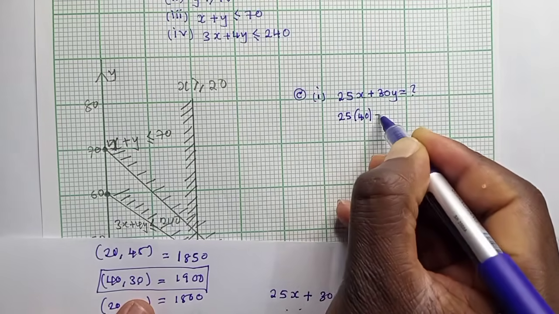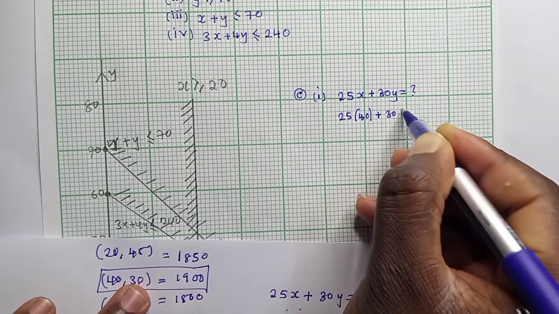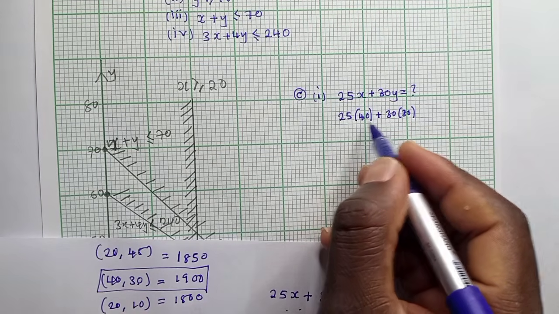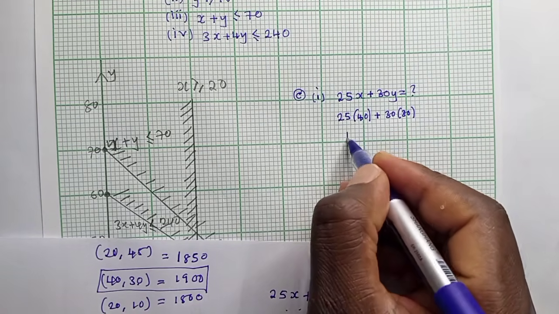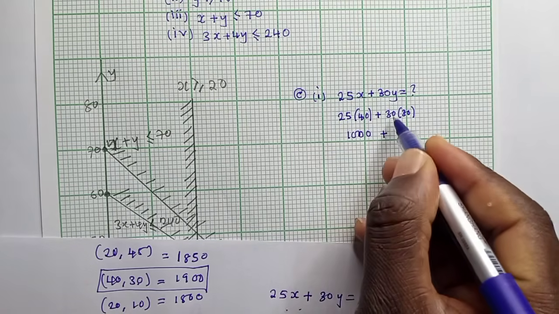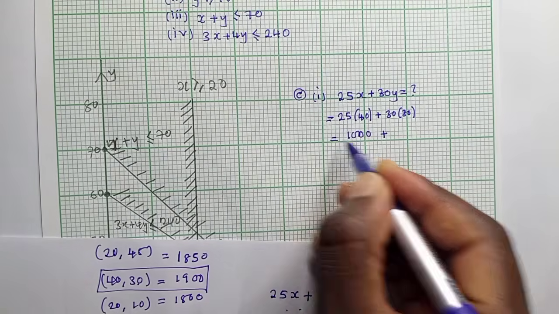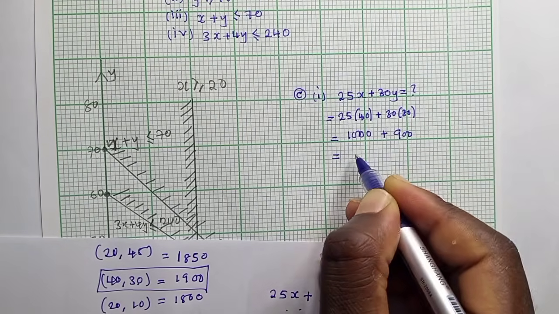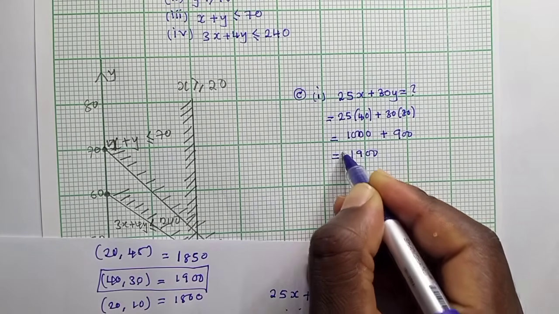This is what we were doing on the calculator. So now we just focus on the one that has given us the maximum profit. When we calculate here, it's giving us 1000 plus 900, and when we add them, we're getting 1900 kwacha.